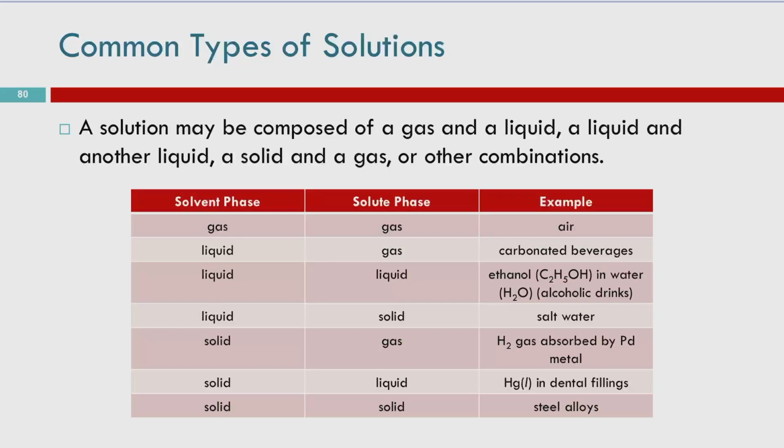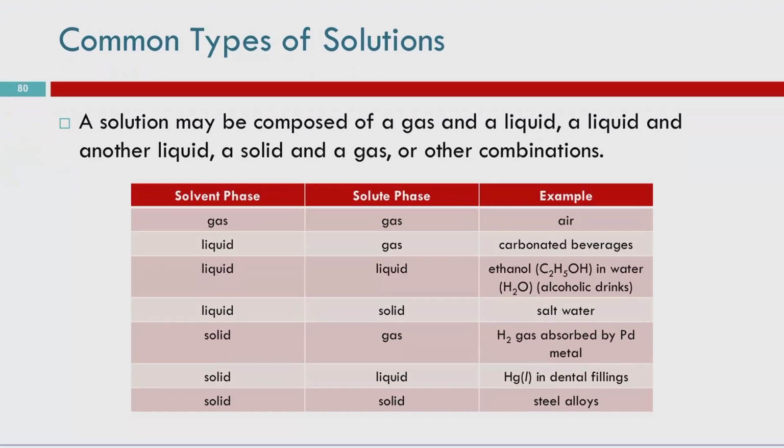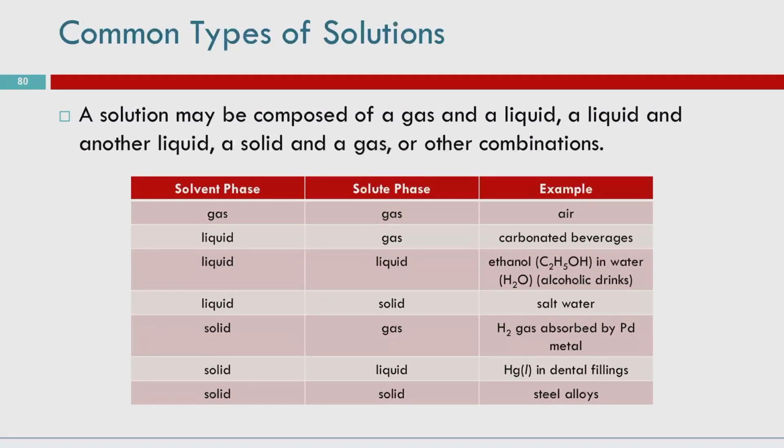There are many types of solutions. If we look at our definition, it's a homogeneous mixture of two or more substances. It doesn't specify that it's liquids or gases or solids. It can actually be all three of those. So an example of a gas dissolved in a gas, not in that order, is air.